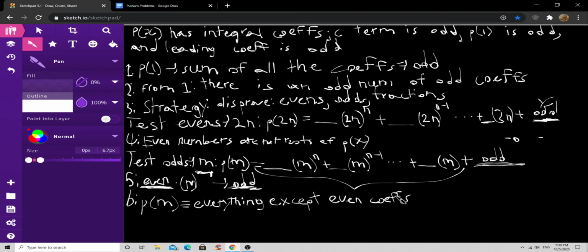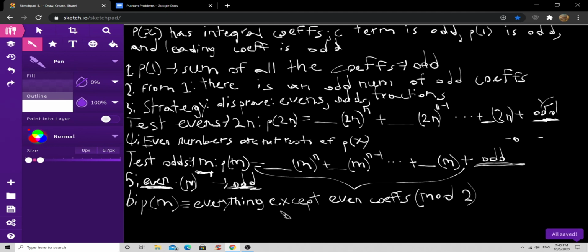And everything excluding the even coefficients. So as a result, we'll just get an odd number here, mod 2. Okay, and that's why we use the congruent sign here. And basically this just means that they have the same parity. So as a result, we just get that this is an odd number.